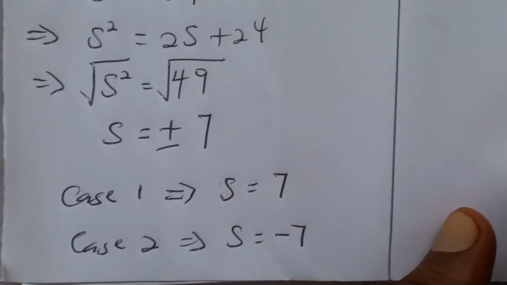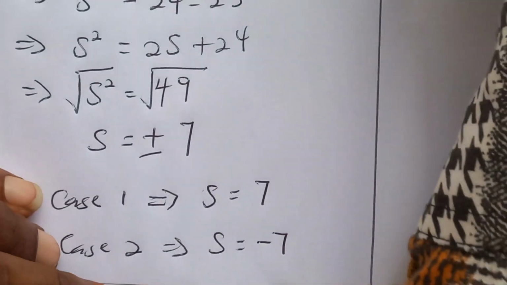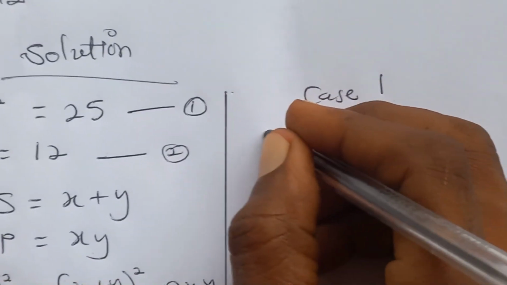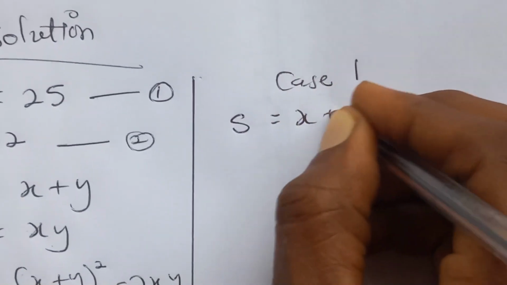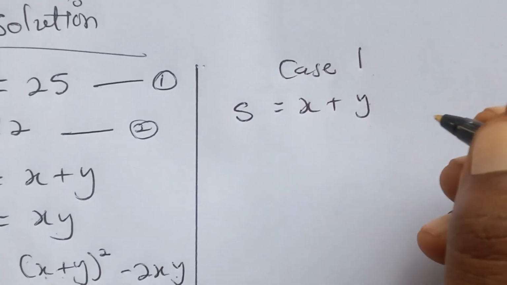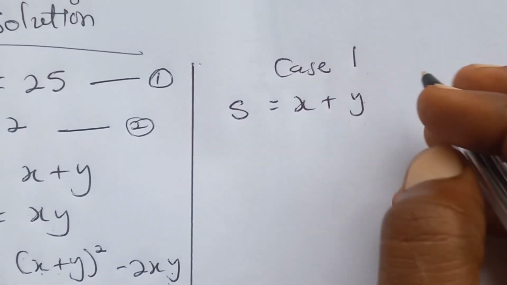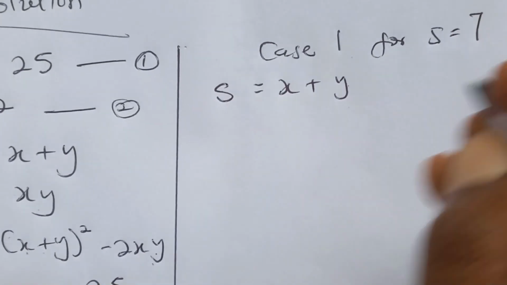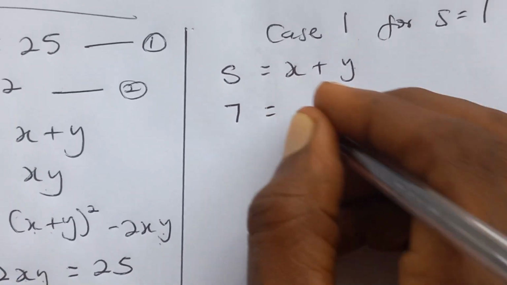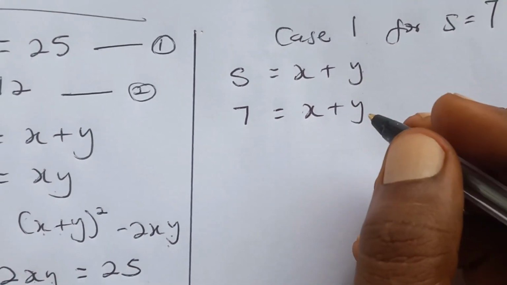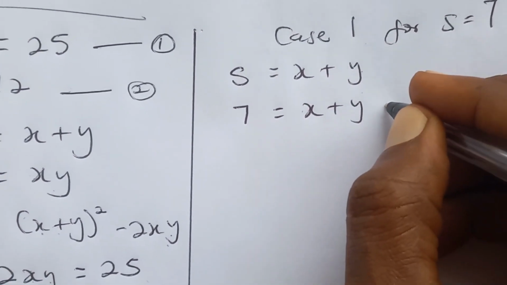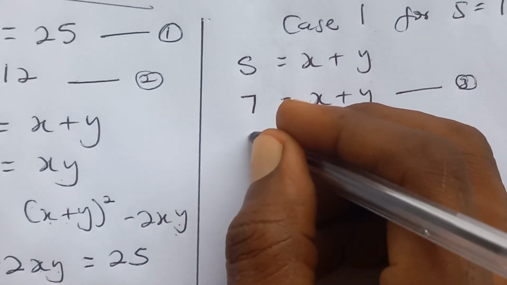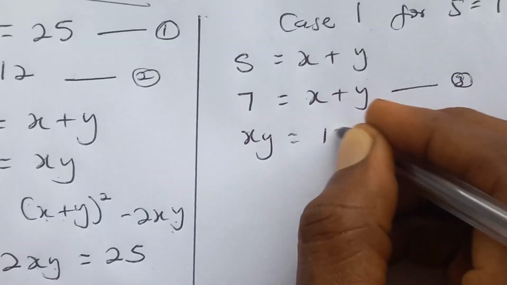Okay, so now let's work with case 1. So we said that s is equal to x plus y, and now for case 1, s is equal to 7. So we say that 7 is equal to x plus y. Let's label this as our equation 3. Then we recall equation 2, which was xy is equal to 12.